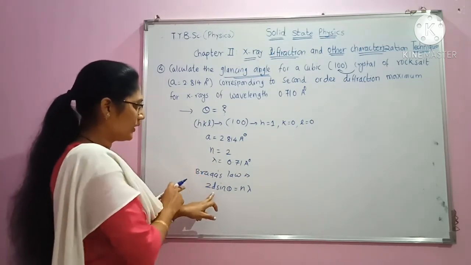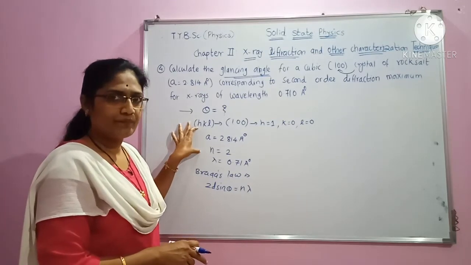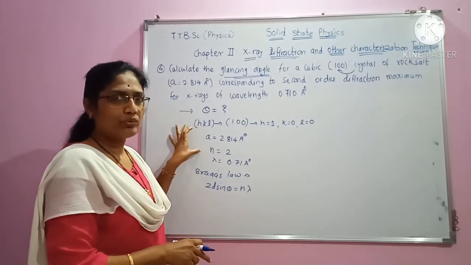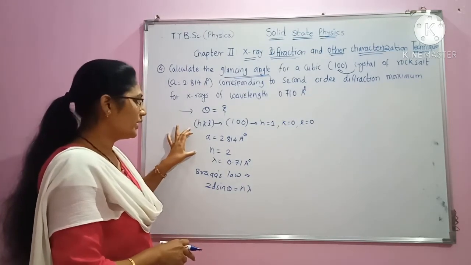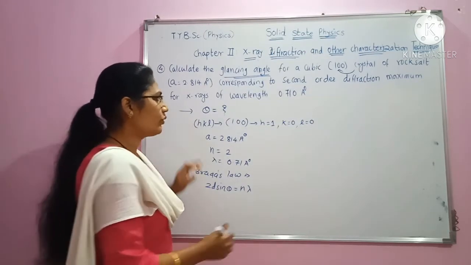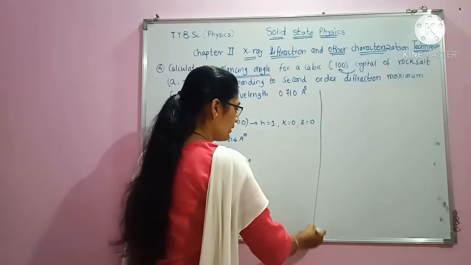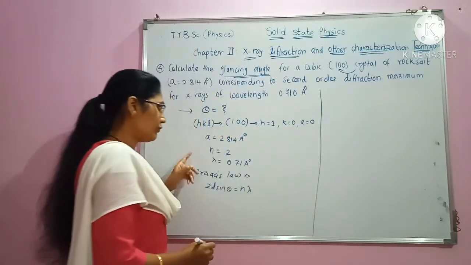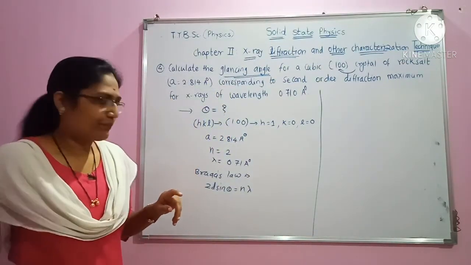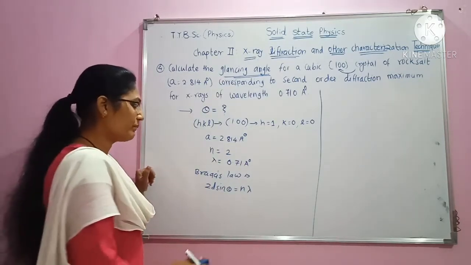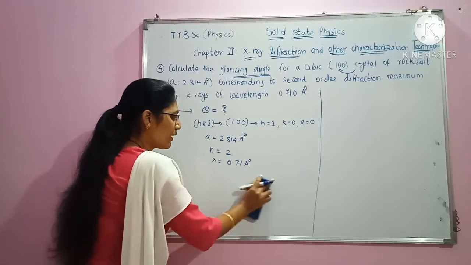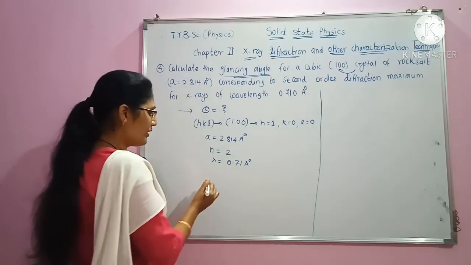But what about d? D is not given here. So initially we have to calculate the value of d. How to calculate the value of d? In order to solve this example, one cannot start by using Bragg's law first, but we have to calculate the value of d first.